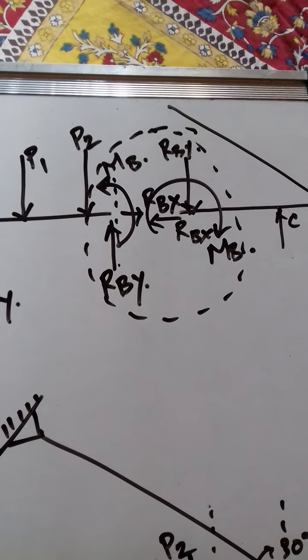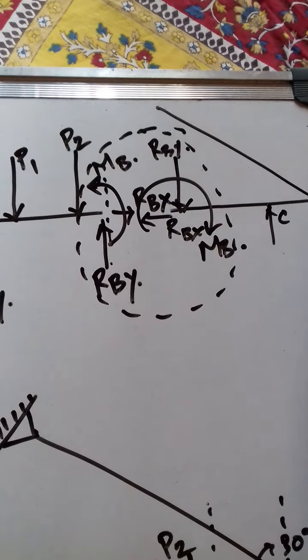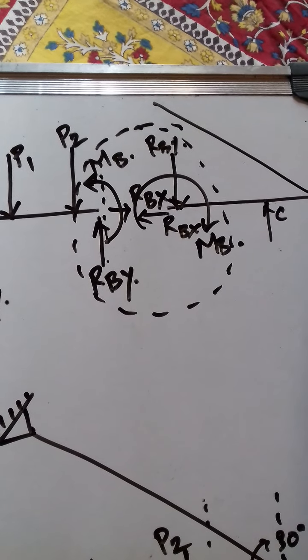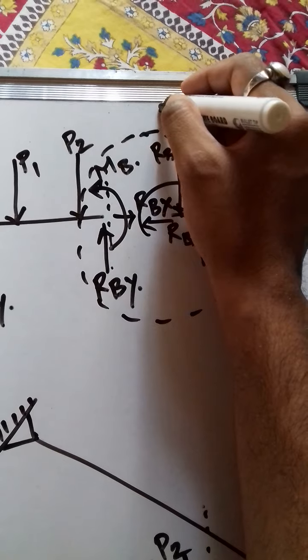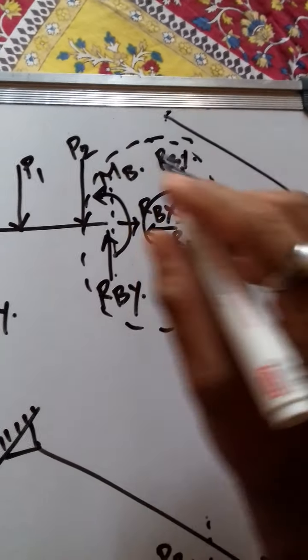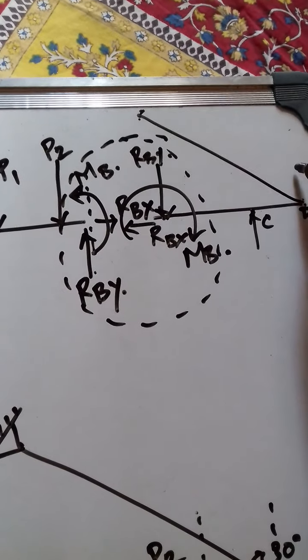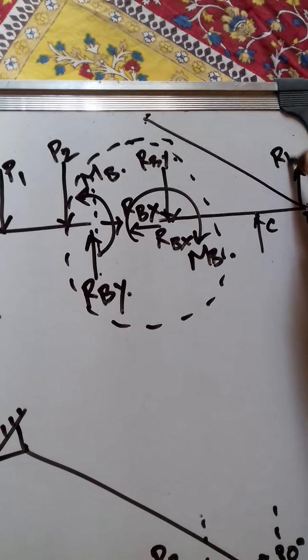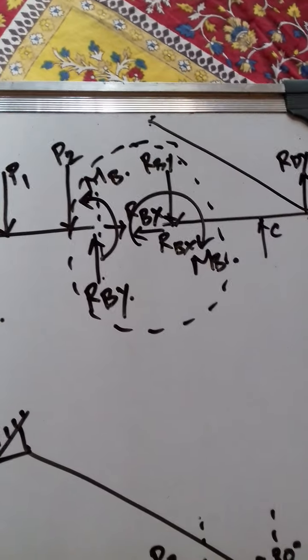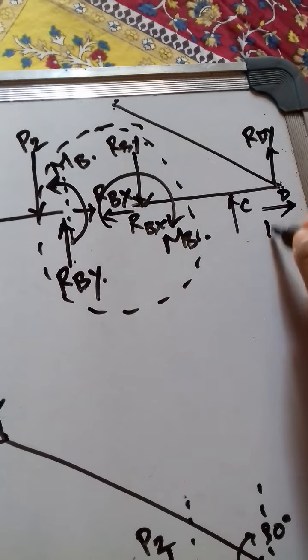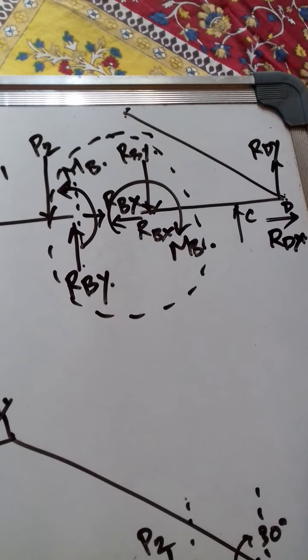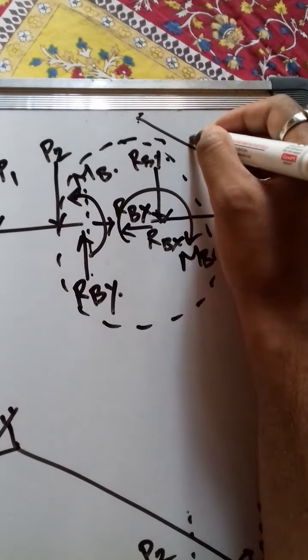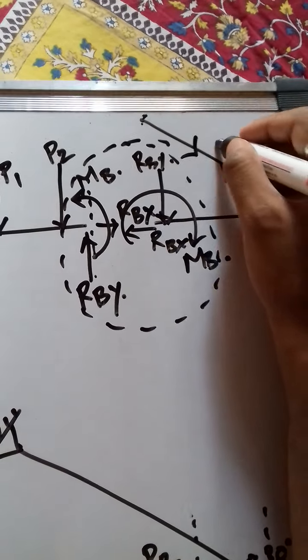Clear? Okay. Now see, at point D, the support is at this kind of thing, at this point. Okay, so this is again a hinge support, so it is RDY, RDX, and this is your tension kind of thing.